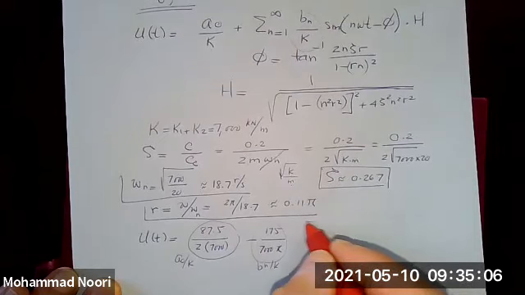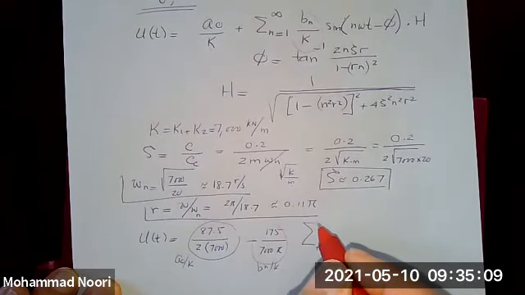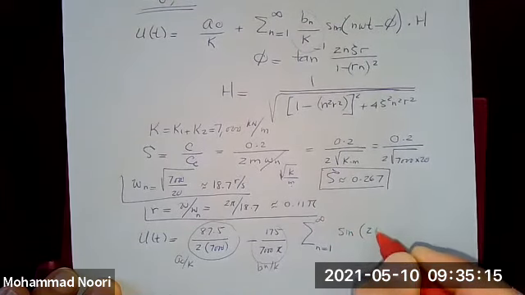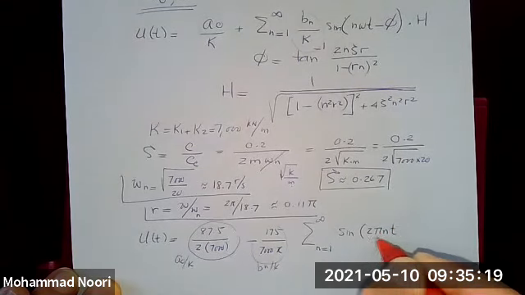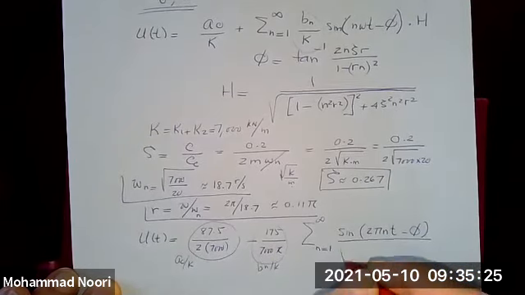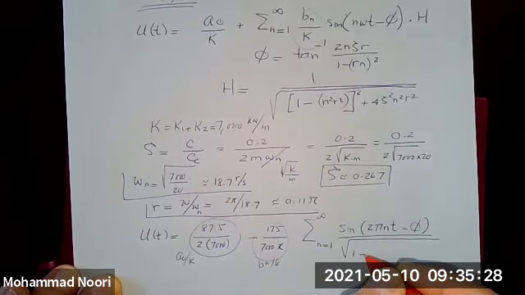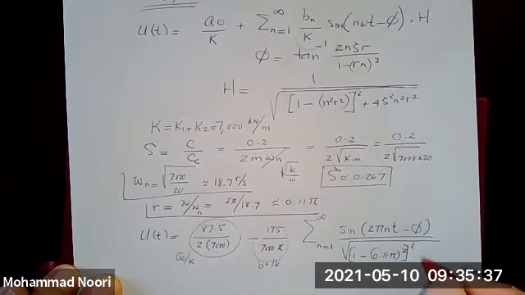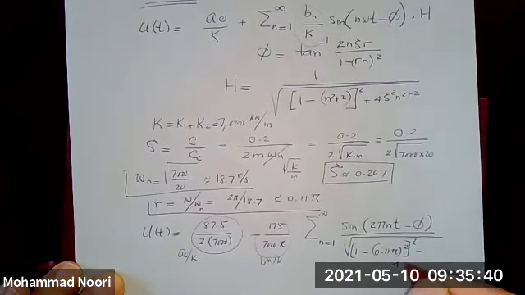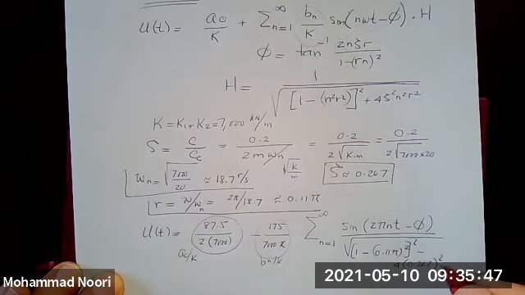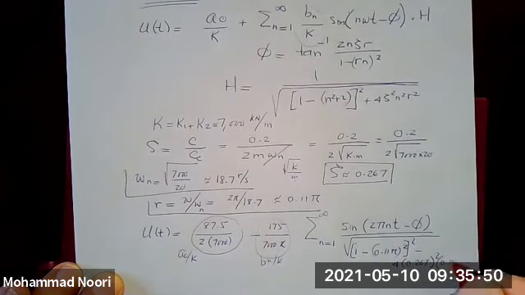Now, the summation of n from 1 to infinity of sine of 2 pi n t, 2 pi was omega n t, minus phi, divided by the square root of 1 minus 0.11 pi squared, that's n r squared, minus 4 zeta squared, 0.267 times n times r squared.